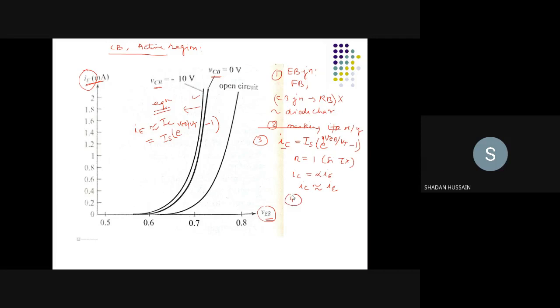Now, what is IS? IS is the reverse saturation current across the junction. So you have the other PN junction which is reverse biased, right? Yes, ma'am. So this equation is not essentially defined for IE, it was defined for IC.